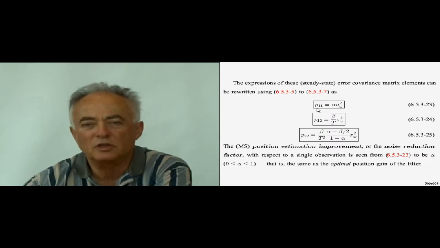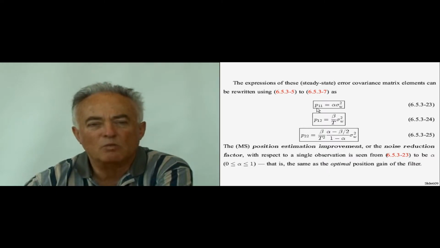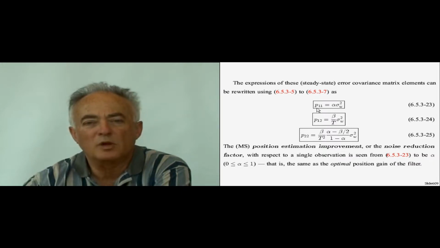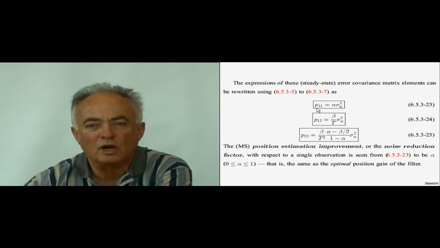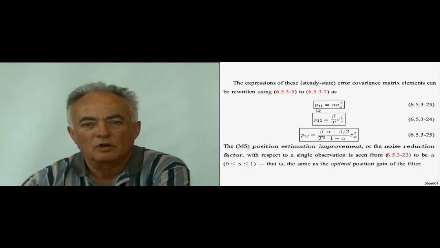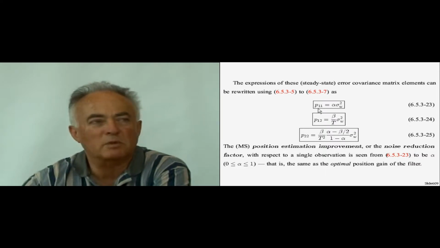There's the steady state, updated state estimation covariance matrix. 3 elements M11, M12, M22 from the one-step prediction covariance matrix, again in steady state, and the alpha and beta, so these were the 8. Simple elimination reduces this final expression. There were 2 quadratic equations and they turn out to be solvable explicitly.